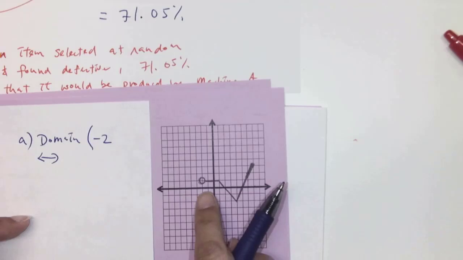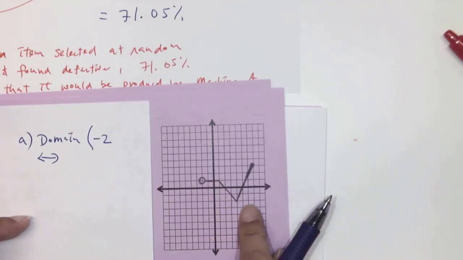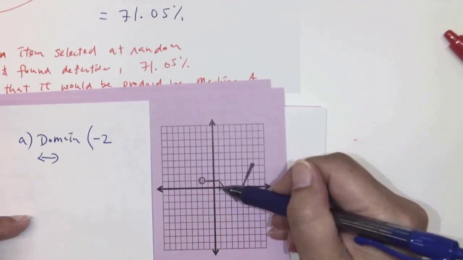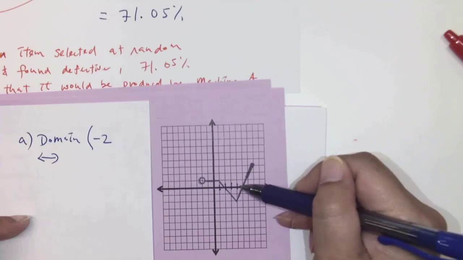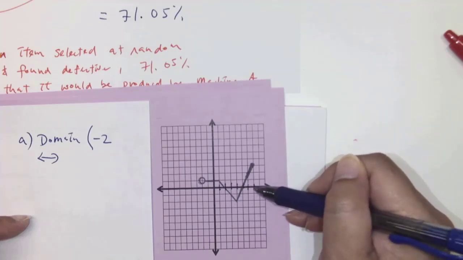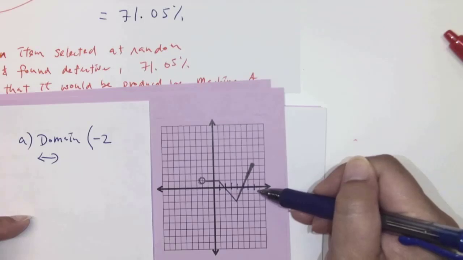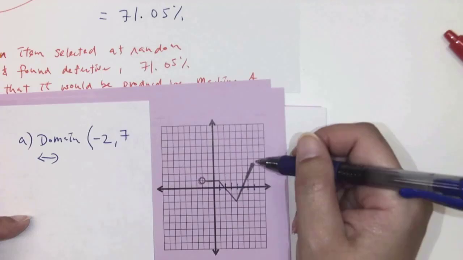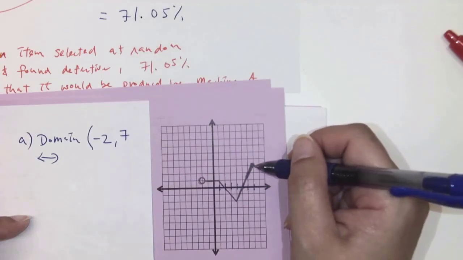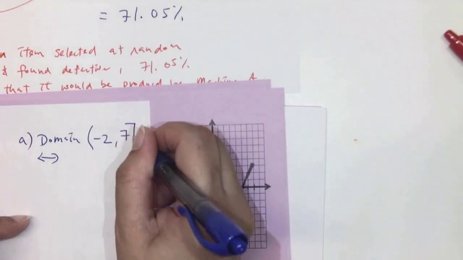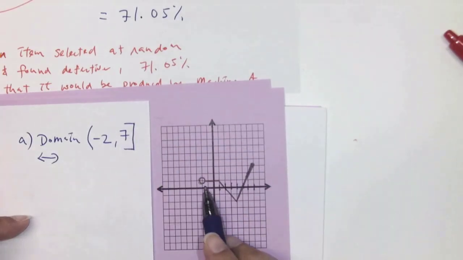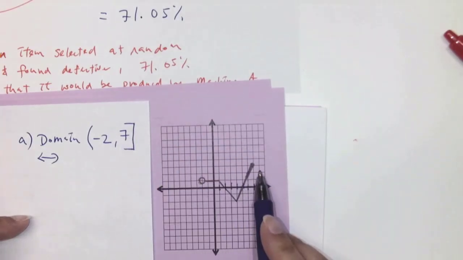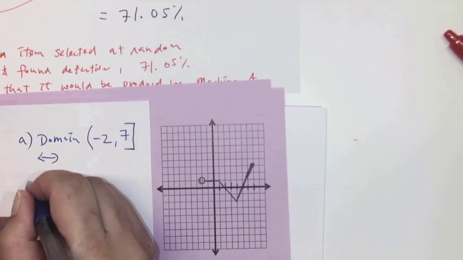Parentheses, because it's an open circle, right? Go all the way to x equal to 7. The 7 with this solid point would be a bracket. Open circle is parentheses, closed circle is brackets. Remember that?